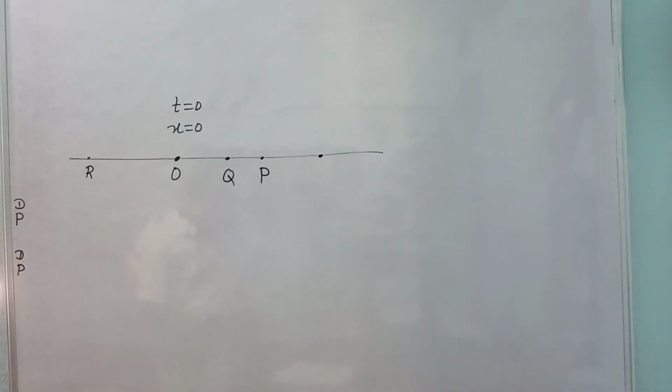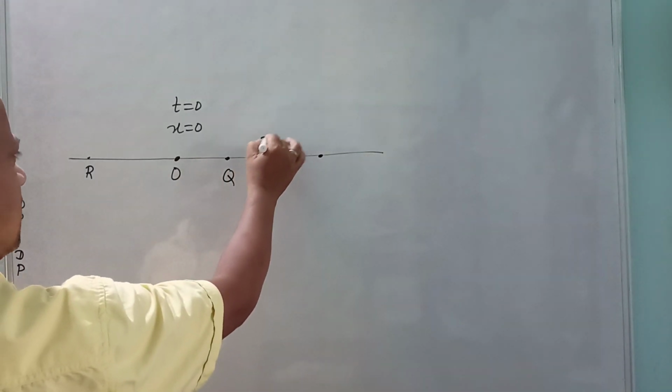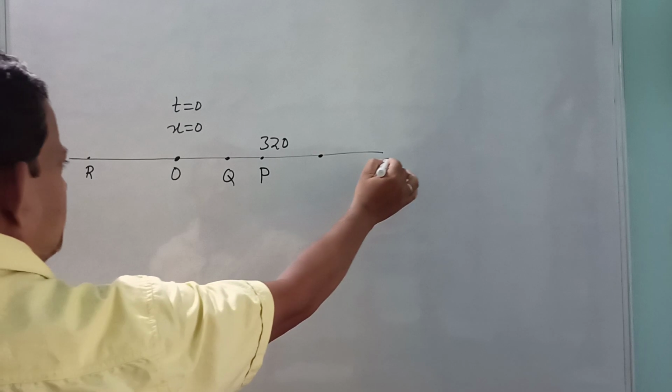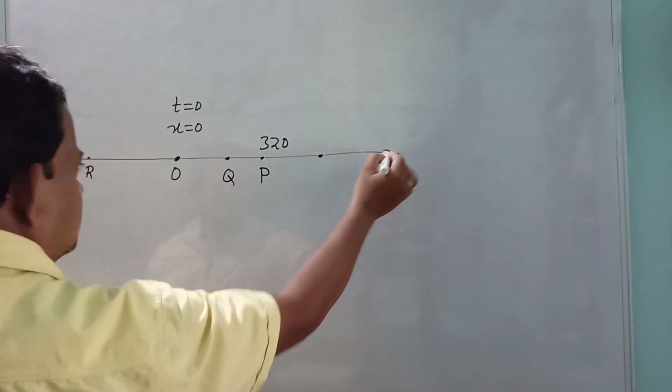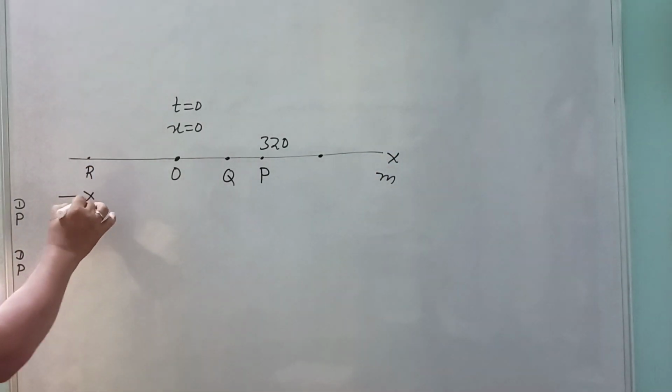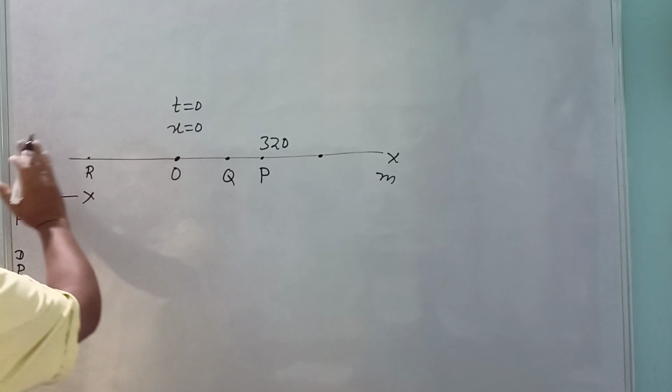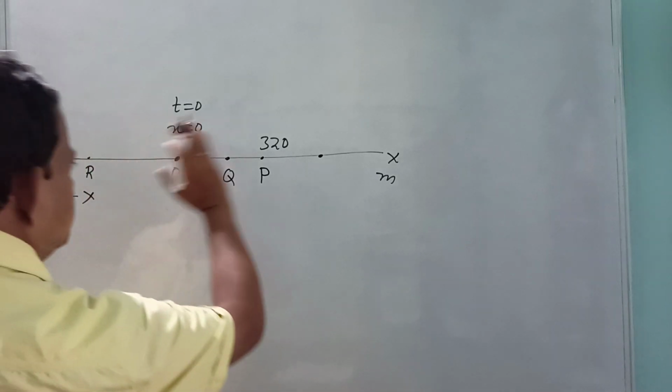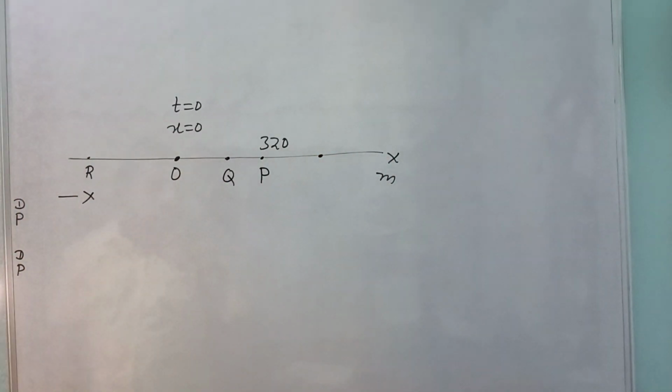Suppose I take car moves from O to P. Suppose P point is, suppose this is 320. It is in meter. This is x-axis. This is minus x because origin towards left minus, origin towards right we take plus. So plus x-axis, minus x-axis.